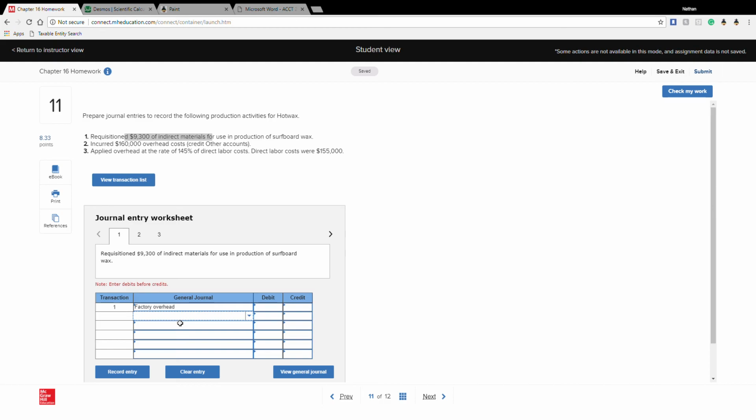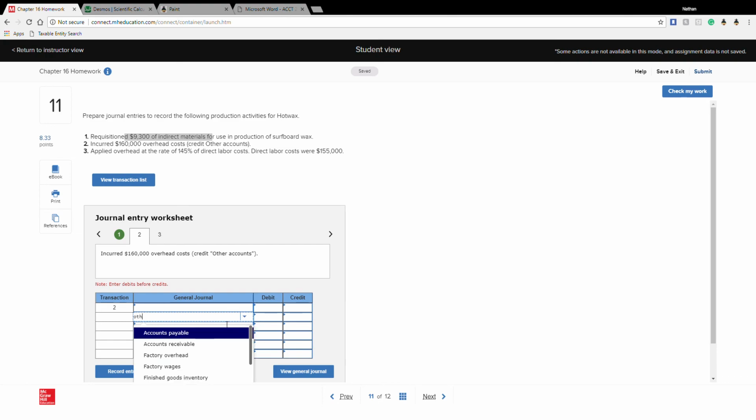And let's go and deal with raw materials. Okay, since it's materials, it's not labor. Of 9,300. Okay. Question 2 says we incurred 160,000 of overhead cost, and it even tells us credit those other accounts.